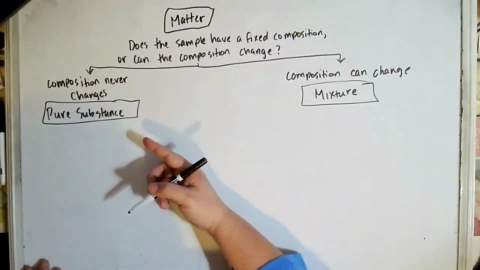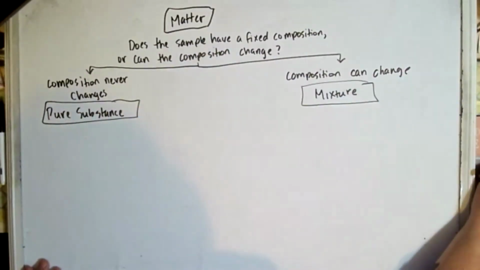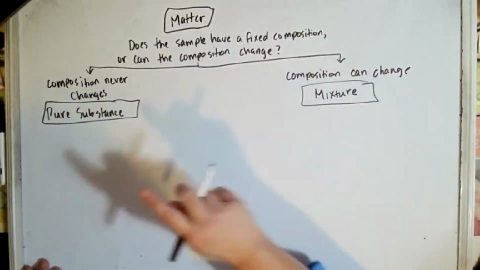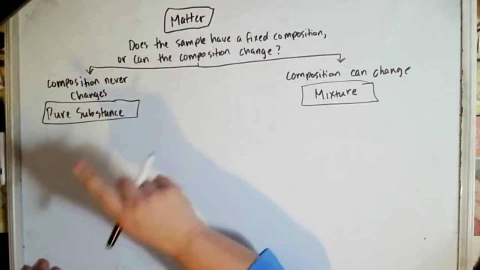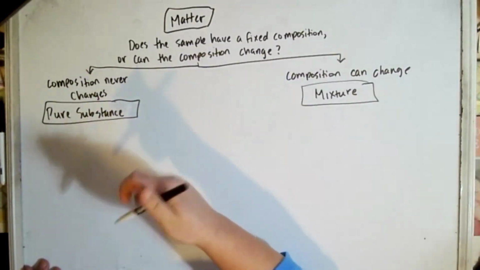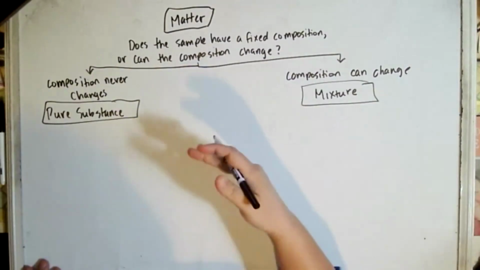Now, on the pure substance side, the next question you're going to ask yourself is, does my sample have one type of atom or more than one element?